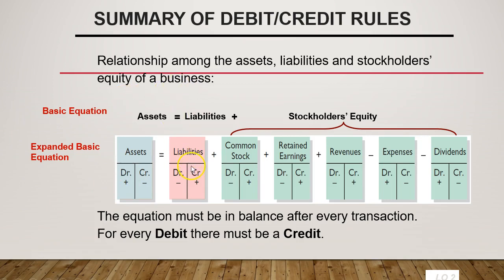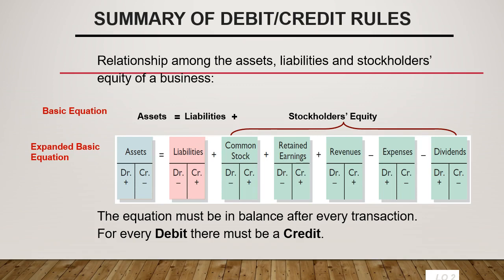Liability accounts increase on the credit side. Common stock increases on the credit side, retained earnings credit side, revenue credit side, expenses debit side, and dividends debit side. Okay? So I'm going to give you a little mnemonic to remember these rules.